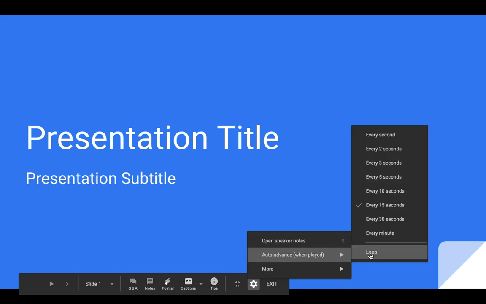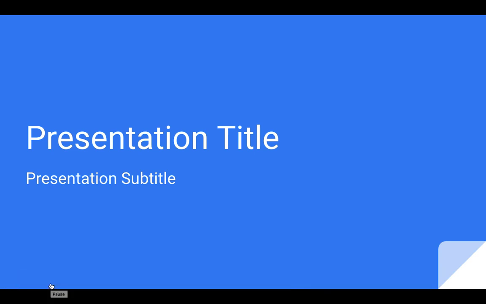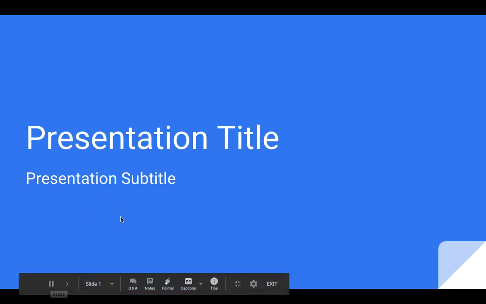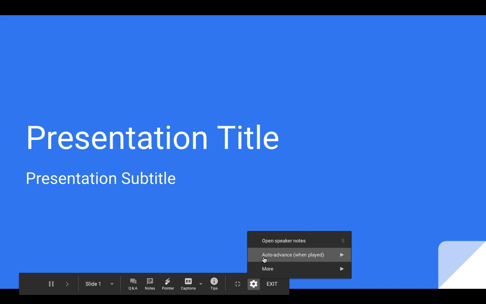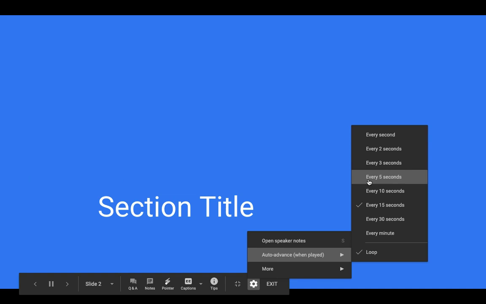And so then when you play it, it will basically just run on its own. You don't have to stand there and advance things. All right, so this should go every 15 seconds or so. And then of course you can come back and change that to a different interval if you want to. Auto advancing slides, and that is a new feature there.